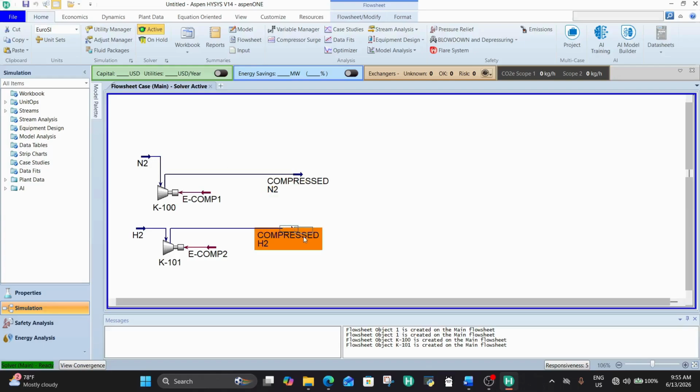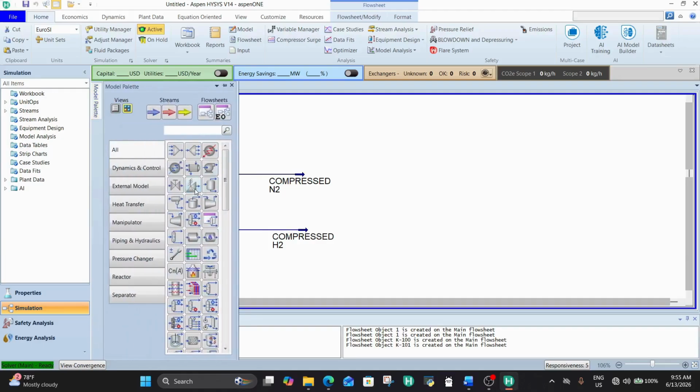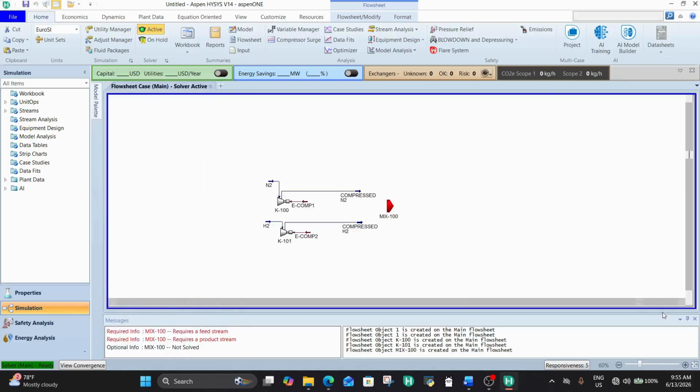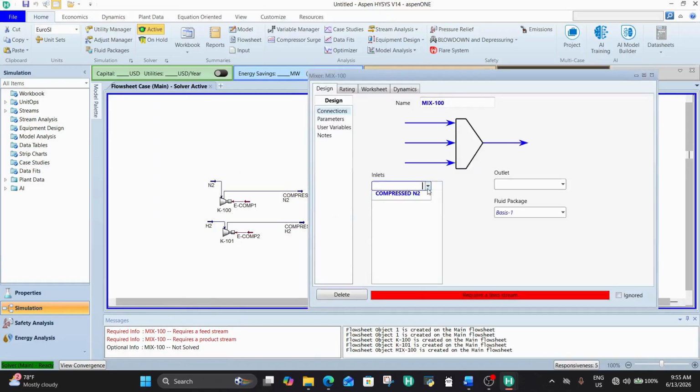So let's mix this. Let's mix, and then we can do our heating to this mixed feed.